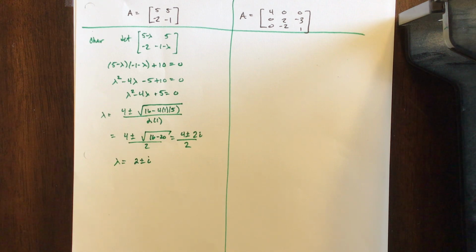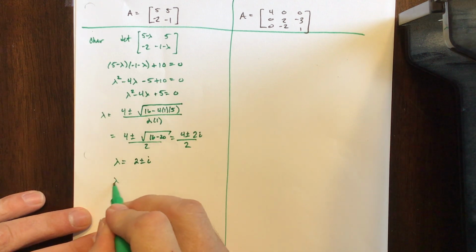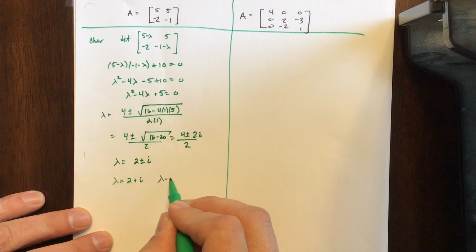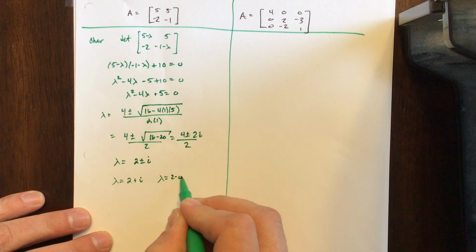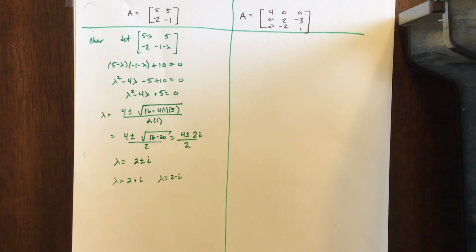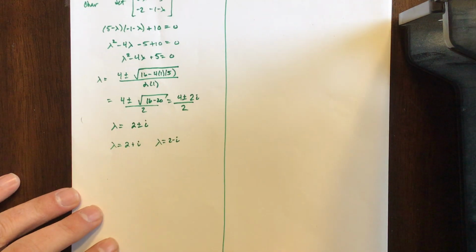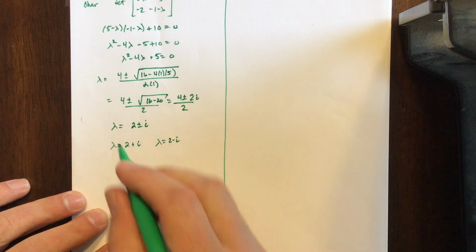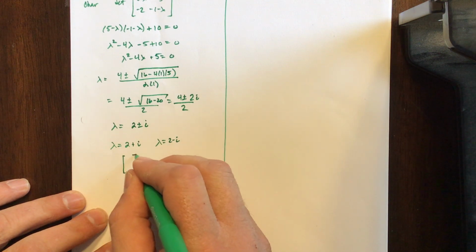Okay, so I have two distinct eigenvalues, lambda equals 2 plus i and lambda equals 2 minus i. And so because I have two distinct eigenvalues, each of them will have an eigenvector associated with it.